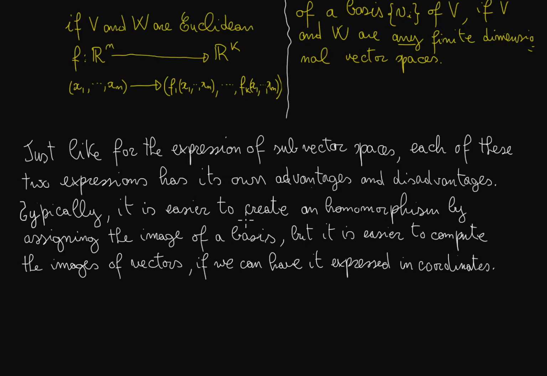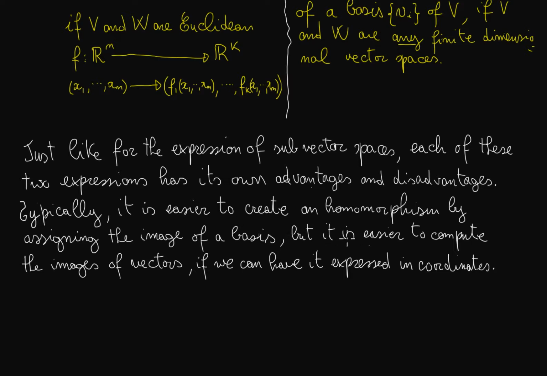And normally this basis is chosen according to the problem we are dealing with and the information we have on f. Whereas in coordinates we have no such choice. In coordinates the expression is unique and we cannot customize it to the specific situation we are considering.